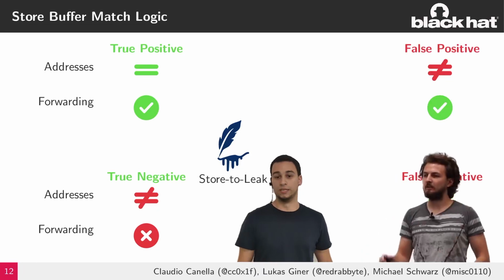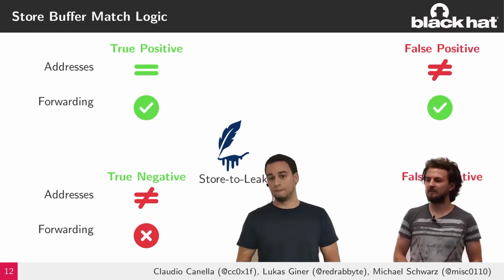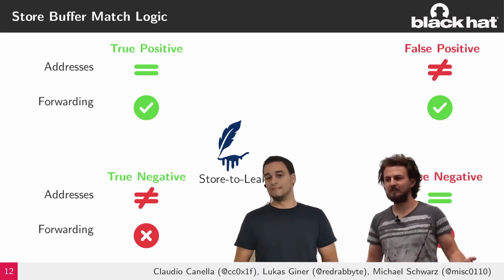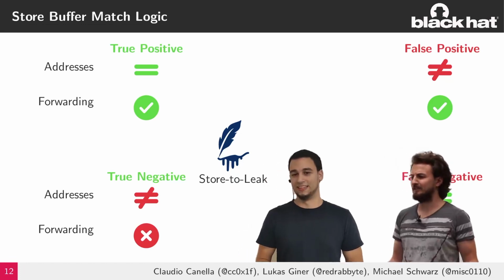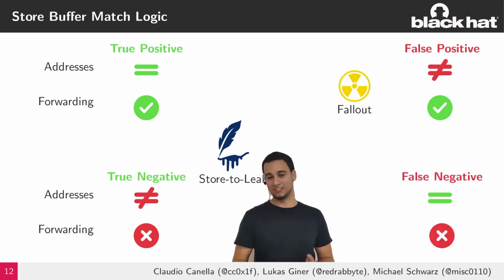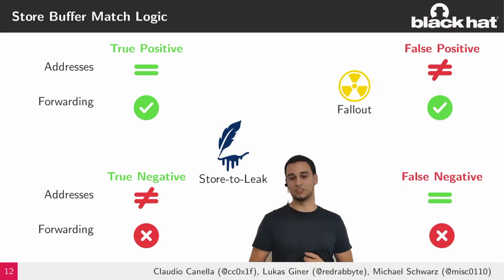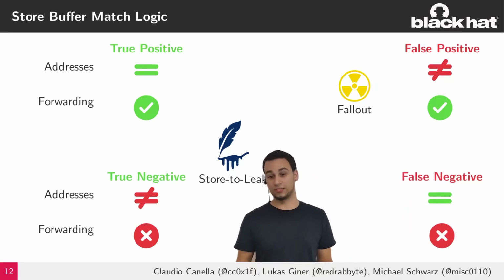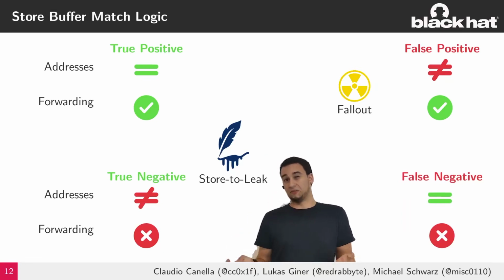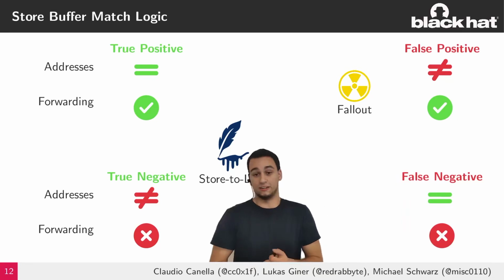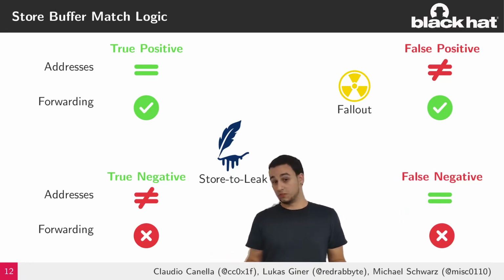But wait a second, that sounds familiar. Yeah. Isn't there a second attack that does exactly the same? Isn't there Fallout? Yes, because these are not the only two cases in the store buffer. We can also have some, let's say, kind of errors or optimizations in there, like false positives. So we have addresses that are actually not the same, but the data is forwarded.